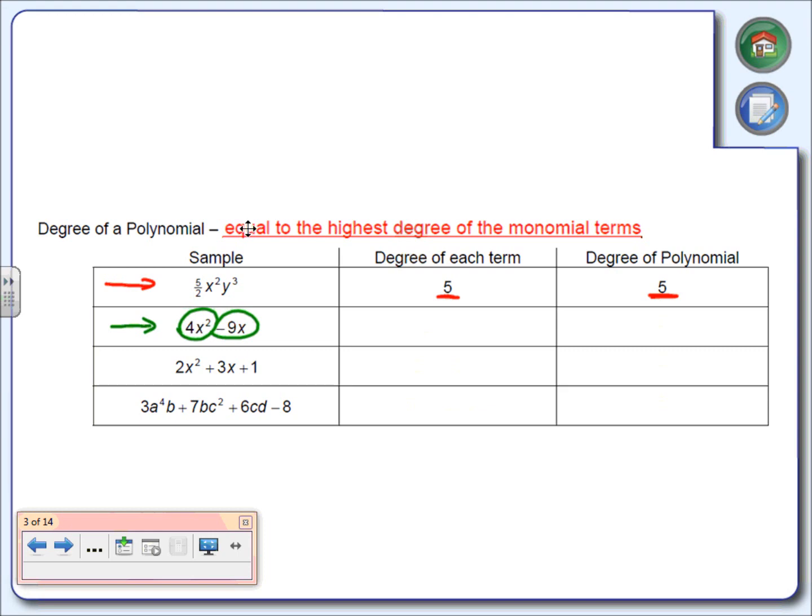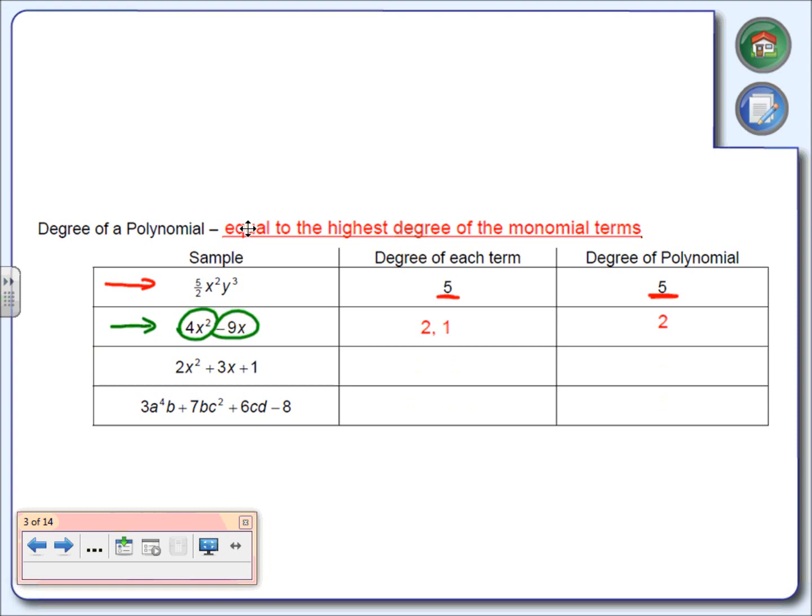So what I want you to do is write down those two numbers for me. 2 is the degree of the first term. 1 is the degree of the second term. Now, according to our definition over here, it says the degree of a polynomial is equal to the highest degree. So out of these two numbers, which one is the highest? 2. Therefore, the degree of this polynomial is 2. We're going to be looking for the highest degree of each of those terms.